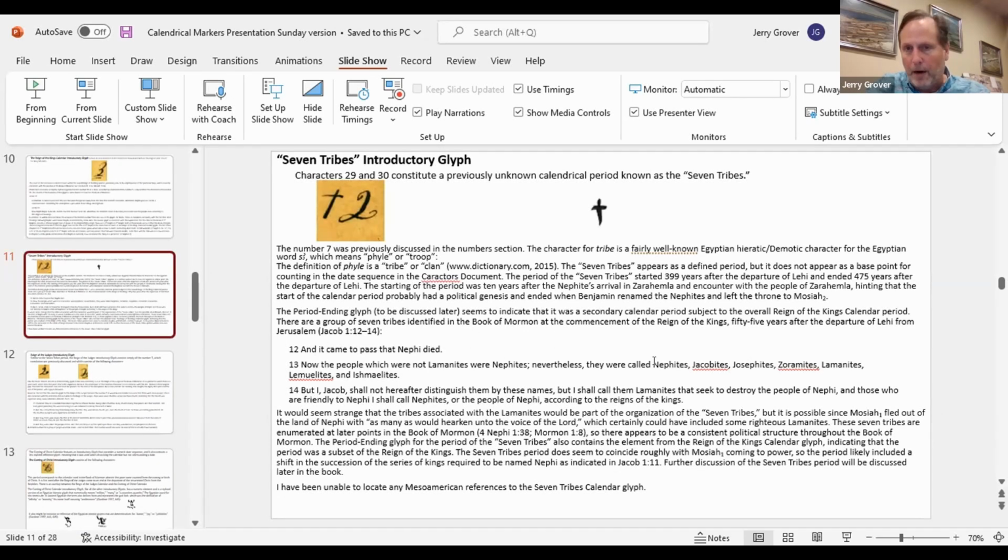So these are the 7 tribes: the Nephites, Jacobites, Josephites, Zoramites, Lamanites, Lemuelites, and Ishmaelites. Now they didn't always distinguish that. Jacob says, well, I'm just going to call them all Lamanites or Nephites, but you'll find them elsewhere in the Book of Mormon. So they were existing. Then we can discuss whether Mosiah had Lamanites with him when he fled.